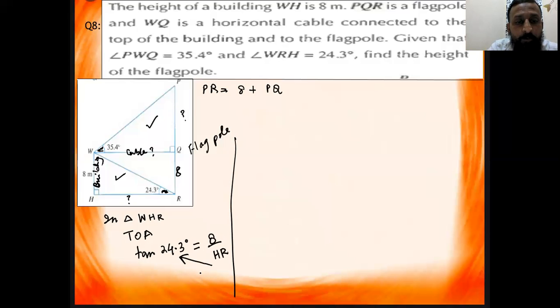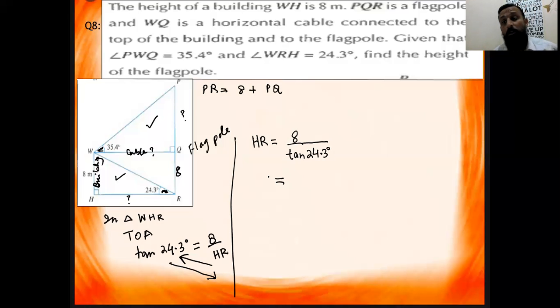Bring tangent 24.3 downwards. So you have, boys and girls, HR equals 8 upon tangent 24.3 degrees. Now, boys and girls, in your calculator, you have a button that is called the box upon box function. Use that function to get your answer. 8 divided by tangent 24.3.